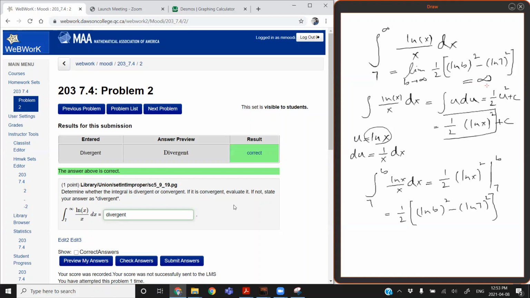So for example, if this limit is 10, you would say this infinite area, this area which is actually open on one side, has a finite surface. But if it's infinity, then it means that that area doesn't have a finite surface. Okay. So you say that the improper integral is divergent.